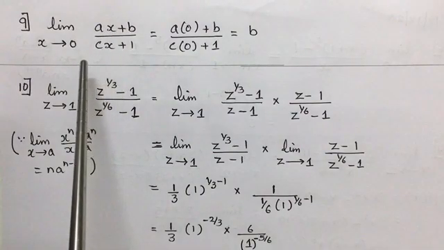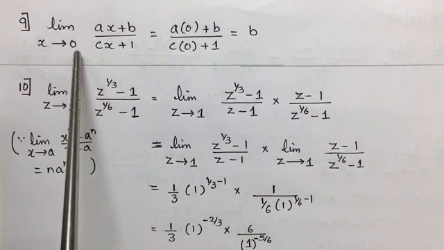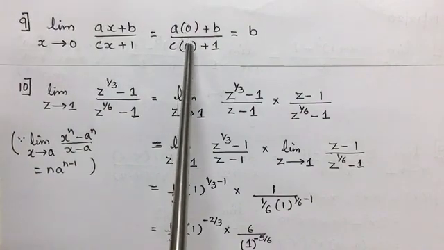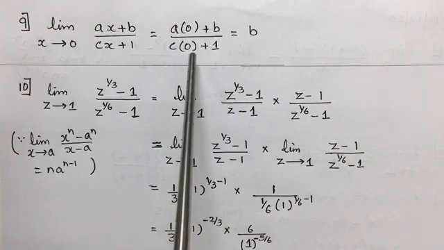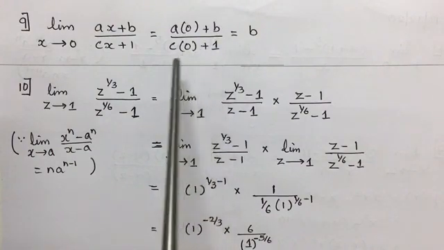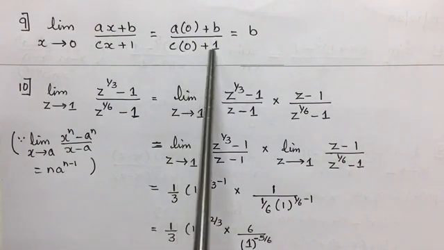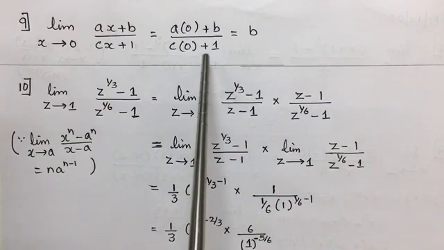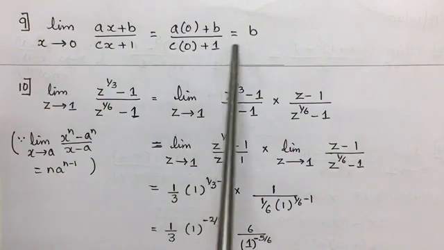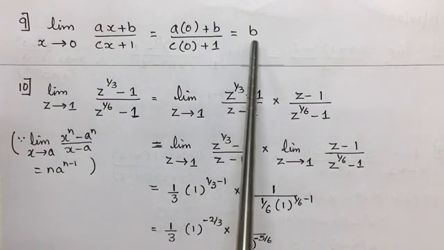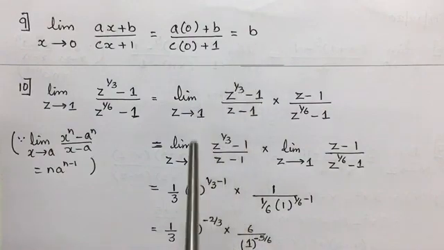So we'll be putting x as 0 directly. So a into 0 will be 0 plus b divided by c into 0 plus 1. So it becomes 0 plus b divided by 0 plus 1, and the answer will be b.